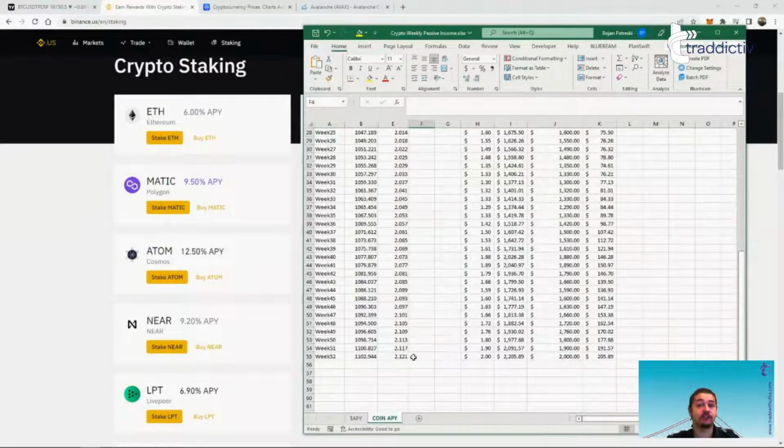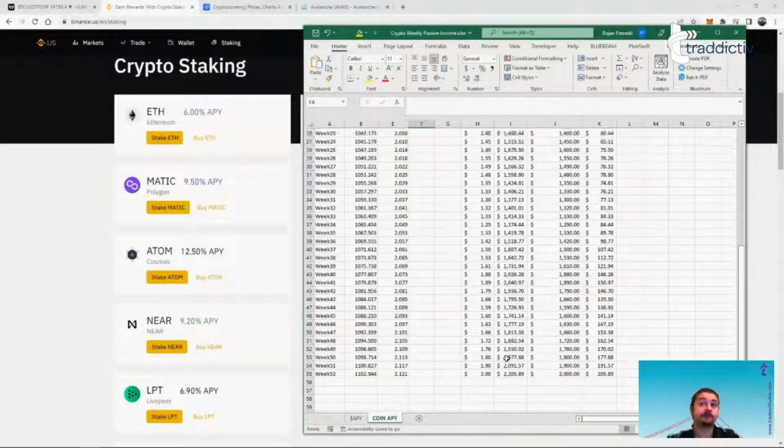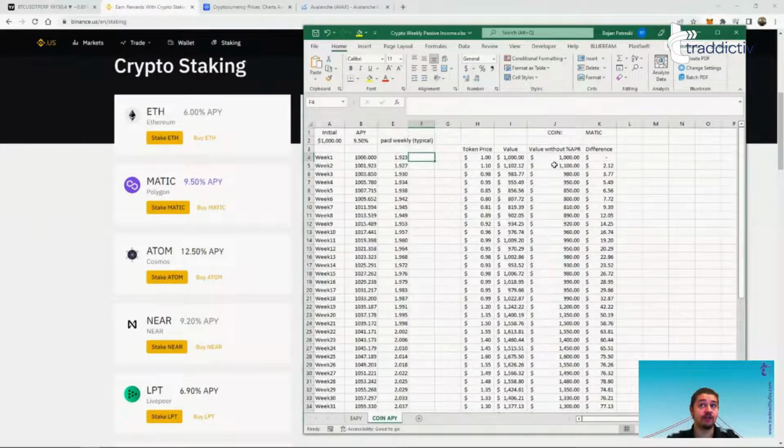Whereas the difference, let's say you do end up buying at a dollar, and in this scenario, the token goes down to 80 cents, right? So it loses 20% of its value. So yes, you lost quite a bit of the original investment, right?